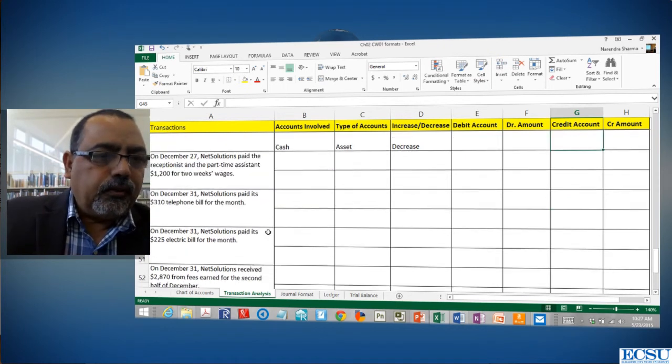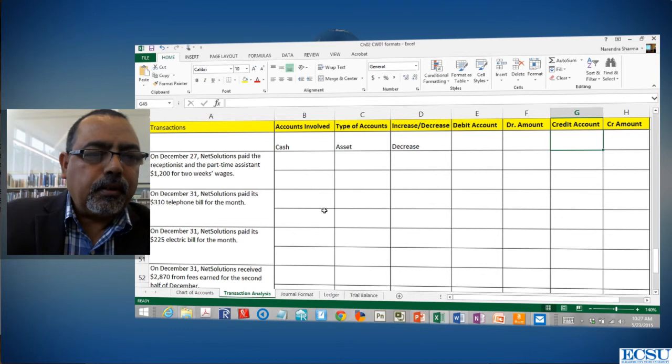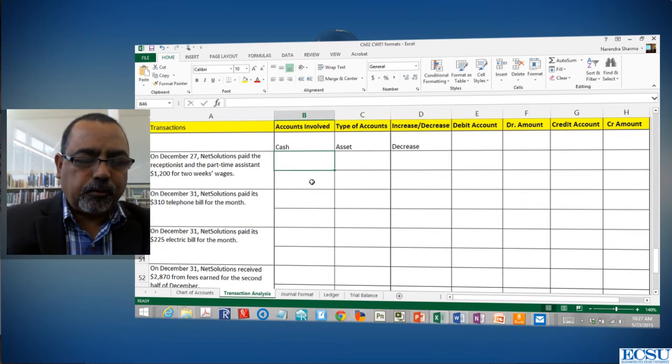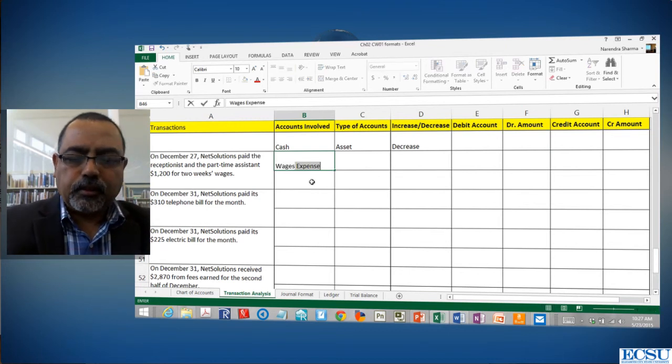All right, now the next one is on December 27, Net Solutions paid the receptionist and the part-time assistant 1,200 for two weeks wages. Again, I'm paying wages, so it should be wages expense, and I'm paying cash.